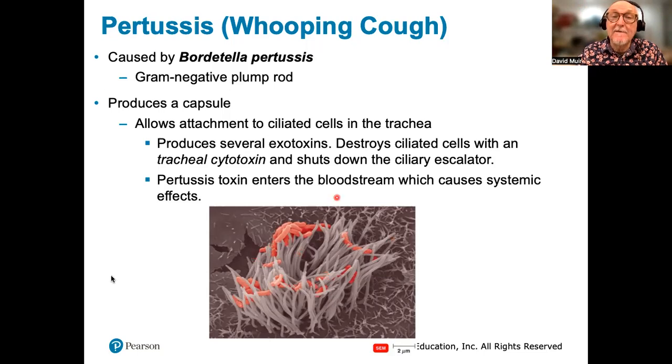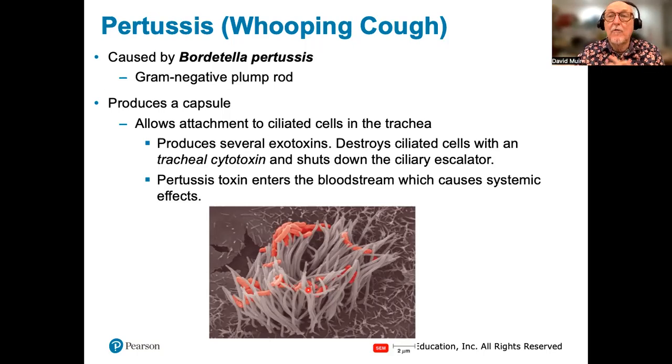It's a gram-negative, and it produces a capsule which enables it to adhere directly to the cilia of the ciliated epithelium. And because of this, it is able to establish itself directly on the cilia and spread through areas of the trachea. It destroys the ciliated cells with a set of exotoxins, and it's actually a really nasty bacterium.